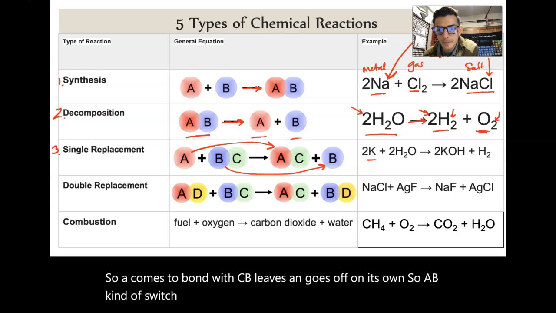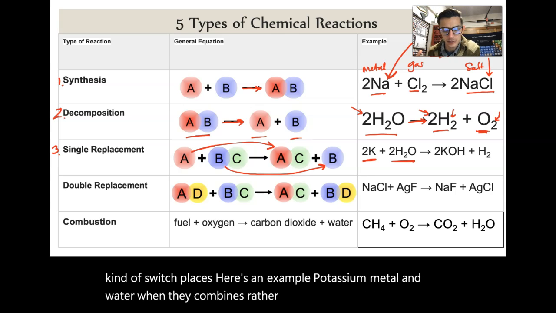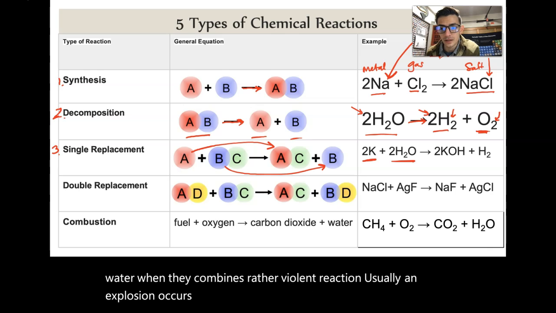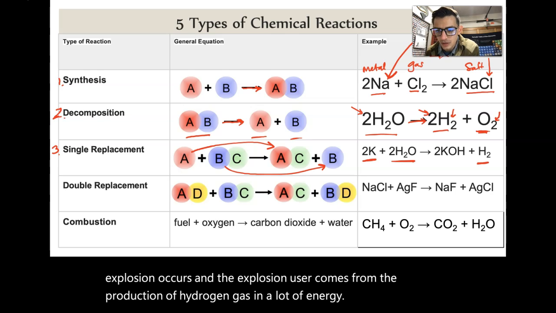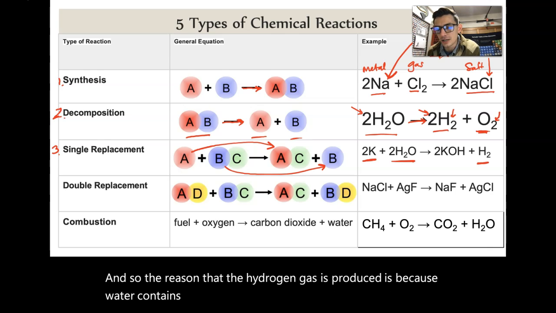Here's an example. Potassium metal and water. When they combine, it's a rather violent reaction. Usually an explosion occurs, and the explosion usually comes from the production of hydrogen gas and a lot of energy. The reason that the hydrogen gas is produced is because water contains hydrogen and oxygen, H2O.